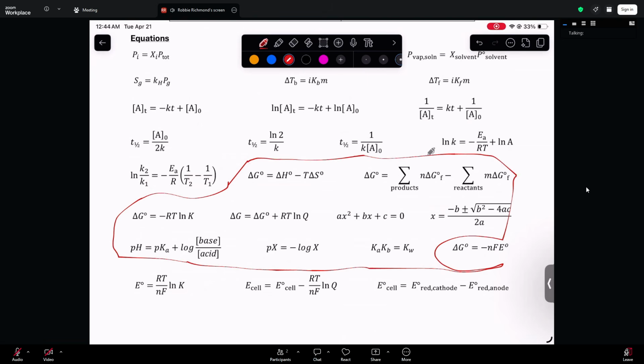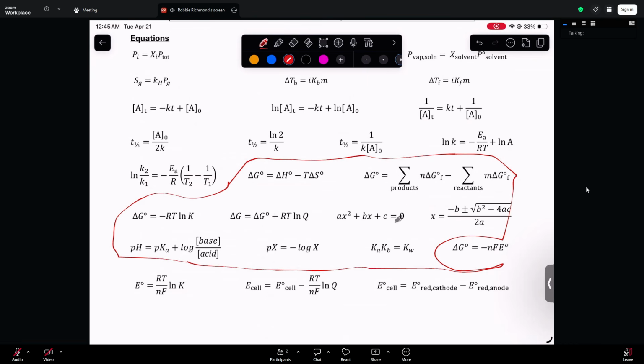All these equations are fair game. And the only reason why I circle the quadratic formula and what a quadratic graph looks like is just in case of an ICE table that may involve that. I sincerely doubt that you're going to have to deal with this.